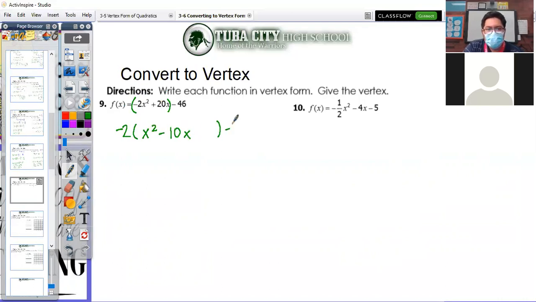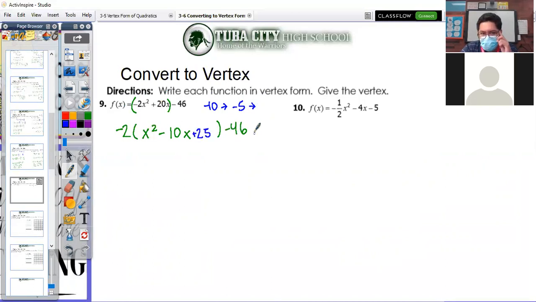Leave a space, because we're going to put the minus 46 here. Now I need to put a new number in here that'll make it a perfect square trinomial. So negative 10, take it, half it, square it. So in this case, it'd be plus 25.